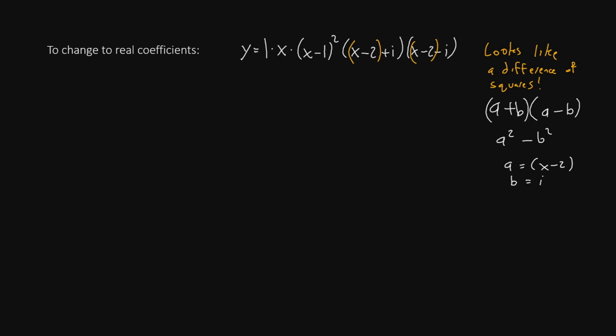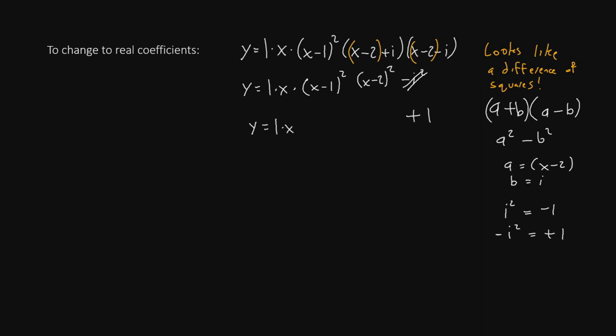So we'll have (x minus 2) squared, and then i times negative i gives minus i squared. The rest of the equation stays the same because all of that was already real. But again, remember that i squared is the same thing as negative 1, and that negative i squared is the same thing as positive 1. So we can substitute this negative i squared for plus 1.